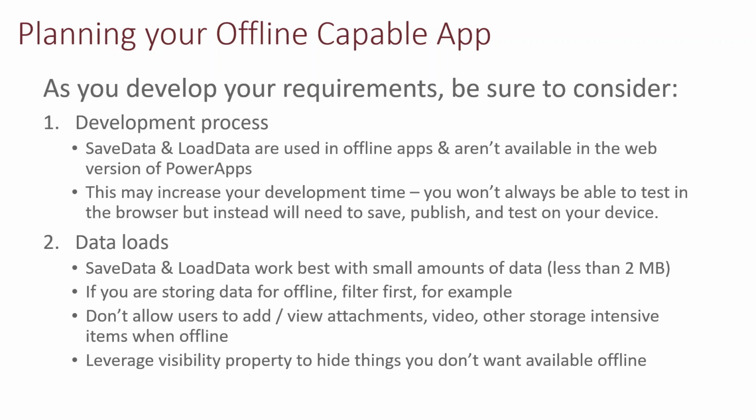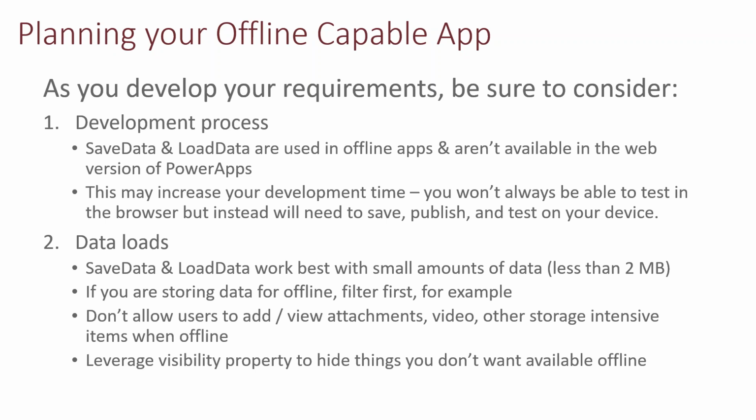It would be better, if you're loading data, to find a way to pre-filter it, or maybe your offline capability is limited. Maybe you say, if you're online, we'll let you search for any of these items, and if you're offline, you can only look at the items that belong to you. So again, something to talk to your stakeholders about or to think about during your design process.